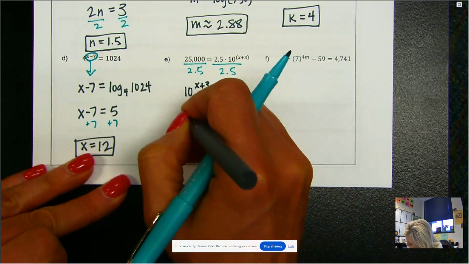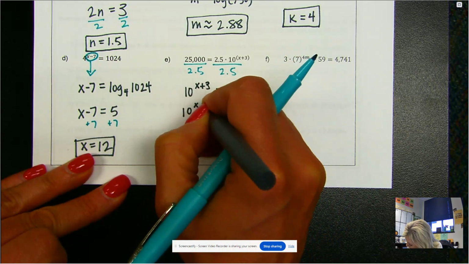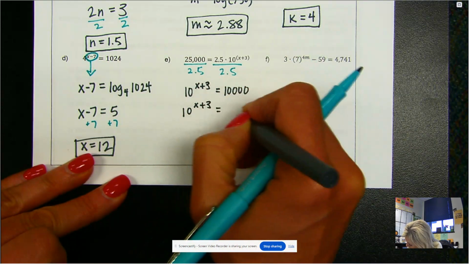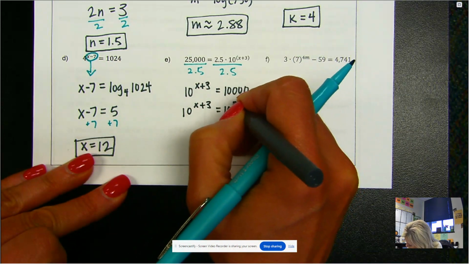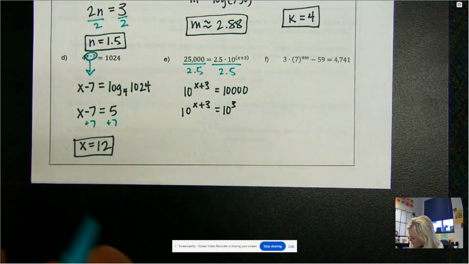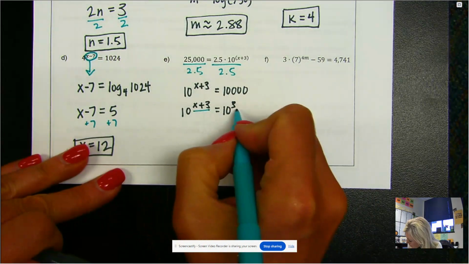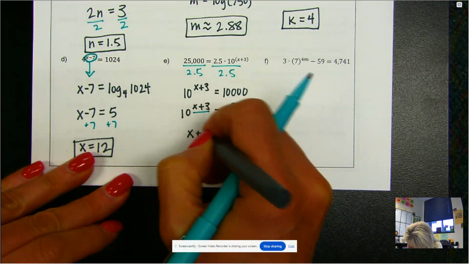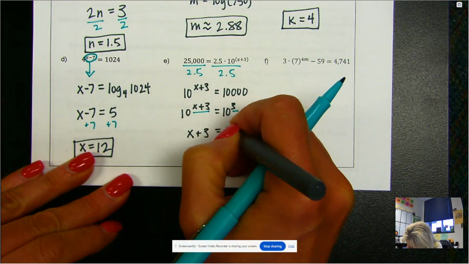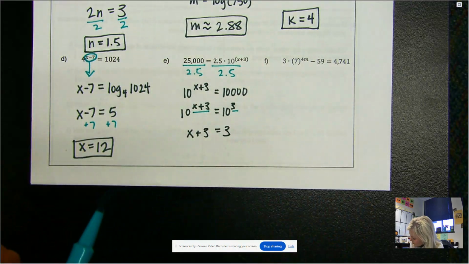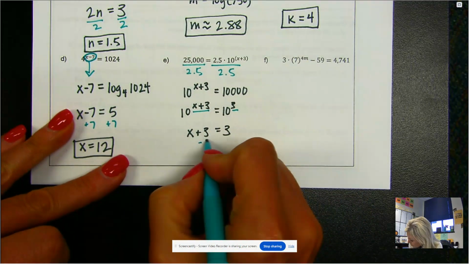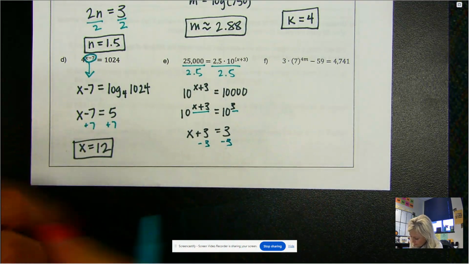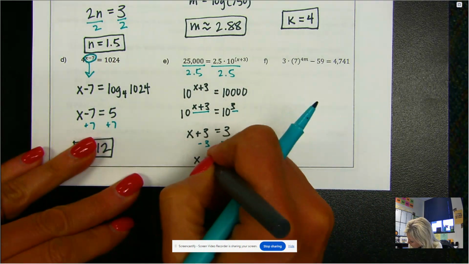Again, 10,000 is a power of 10. It's 10 to the 4th. So if the bases are the same, then the exponents must be equal. So x plus 3 must be equal to 4, and when you subtract 3, you get 1. So x equals 1.